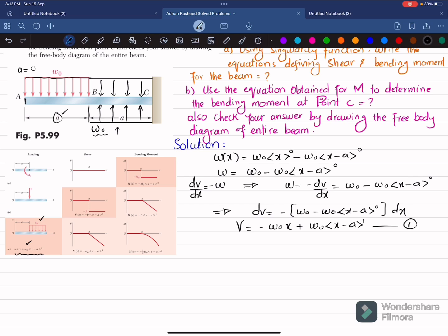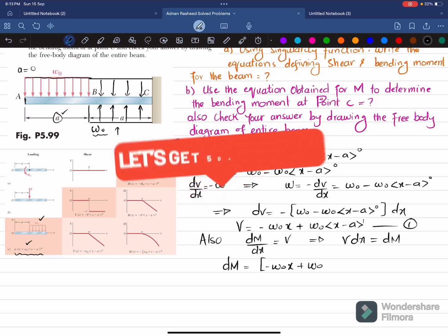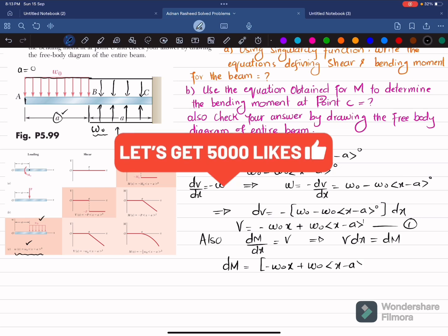This is equation number 1. Also, we know that dM over dx is equal to shear force. So from here, shear force into dx will be equal to dM. So I will write dM is equal to minus W naught x plus W naught into x minus a power 1, times dx.